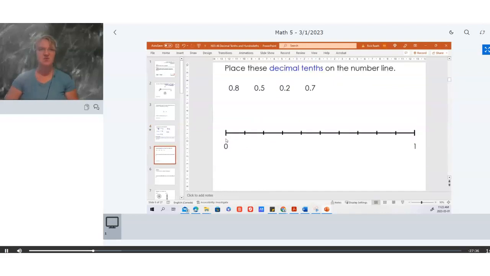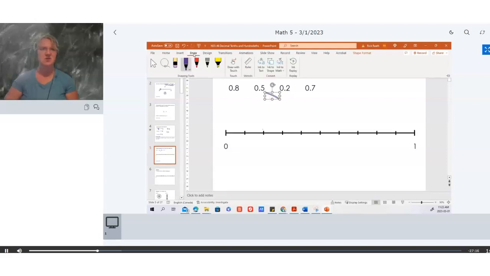So looking at this, if we were going to put these decimal tenths on the number line, let's start with the smallest one, 0.2. I'm going to cross it off as we do it. We would count 1, 2, and 0.2. Actually, here, let me just see for a second. Yeah, I can just move it. So let me delete that.